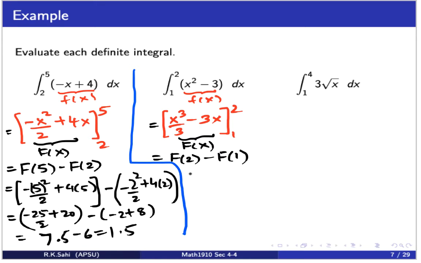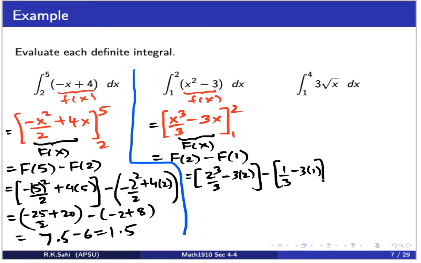So when you plug in, because there are two terms, 2 cubed over 3 minus 3 times 2, and F of 1 is 1 cubed over 3, which is 1/3, minus 3.